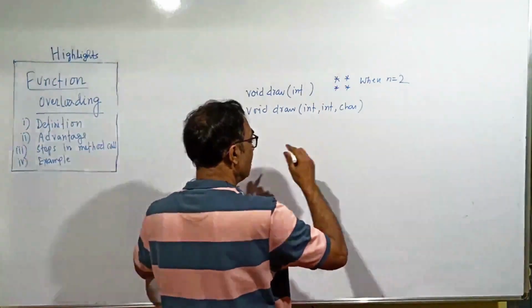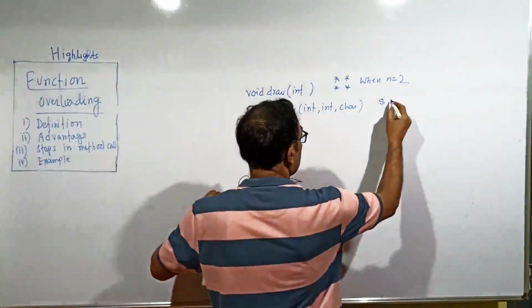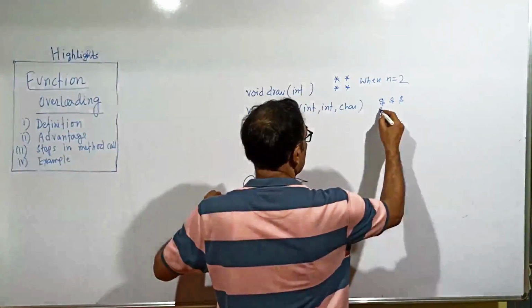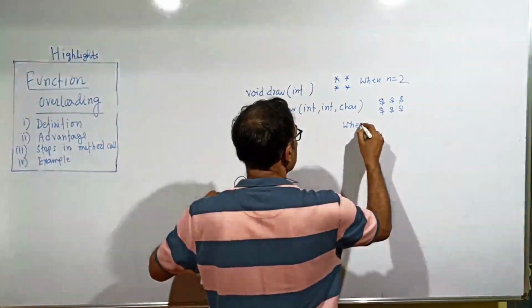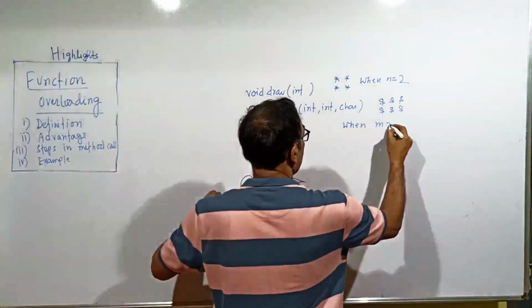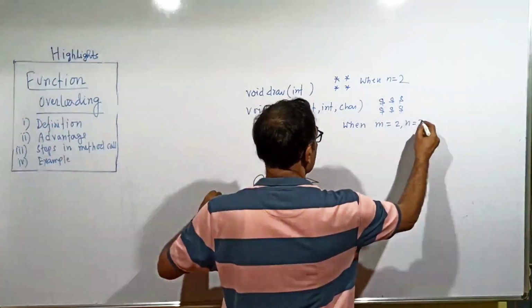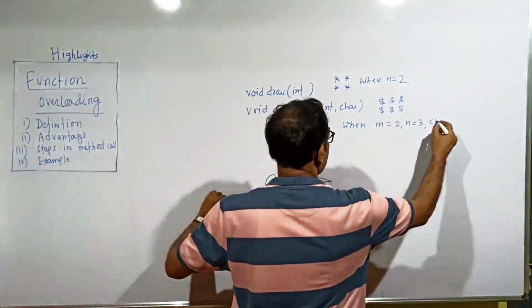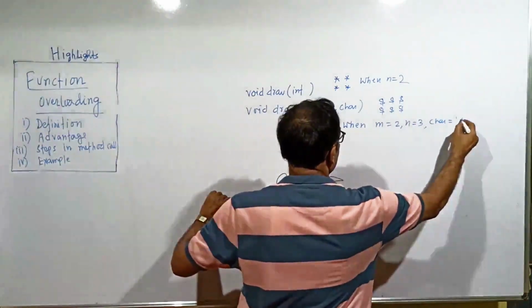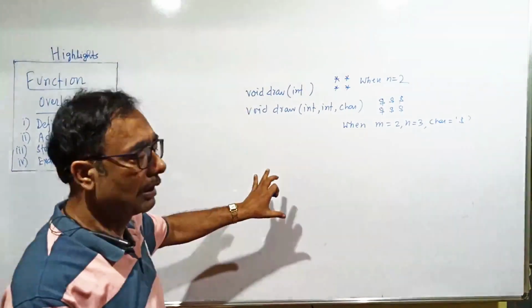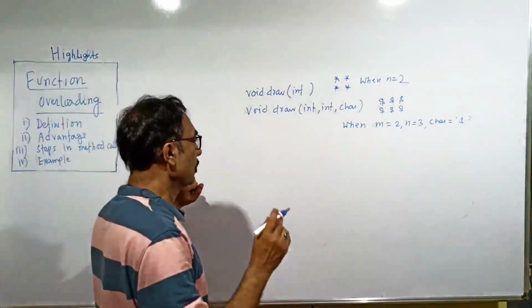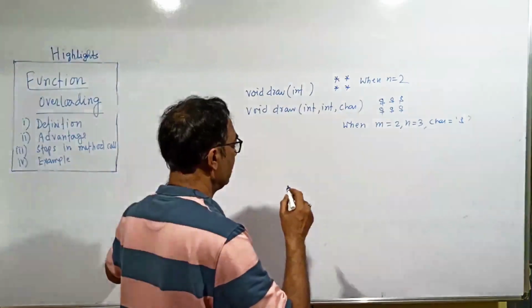In the other case, n equals 3 and char equals $. So using the concept of function overloading, do this. Okay, so how will we proceed regarding this?